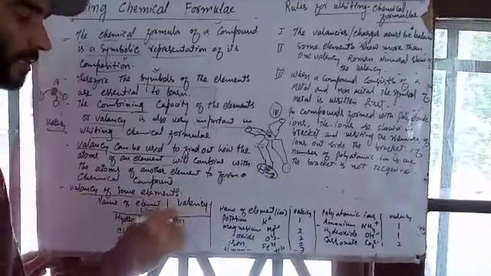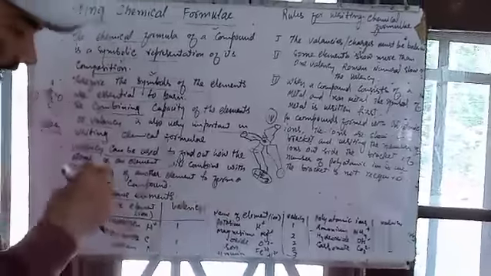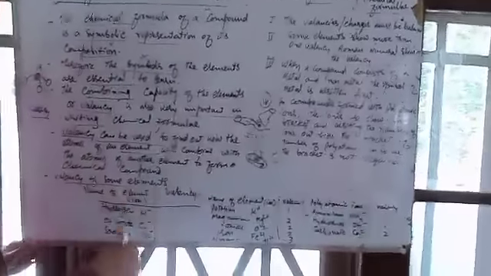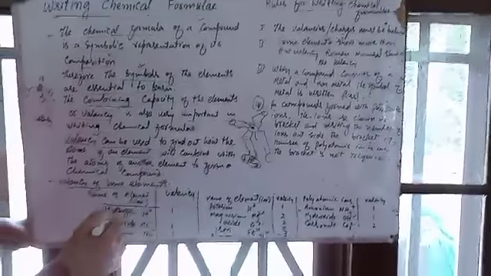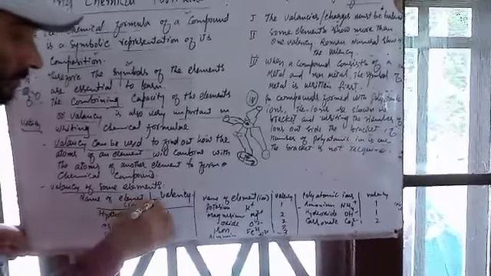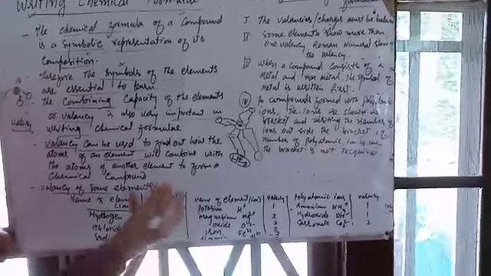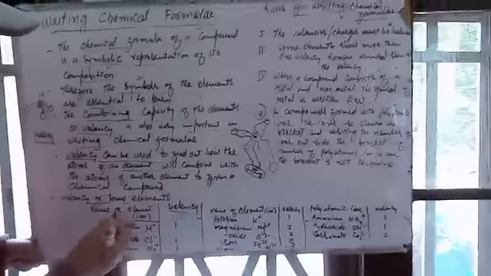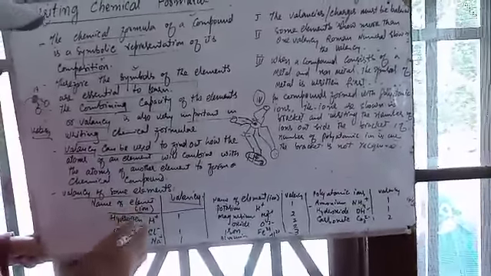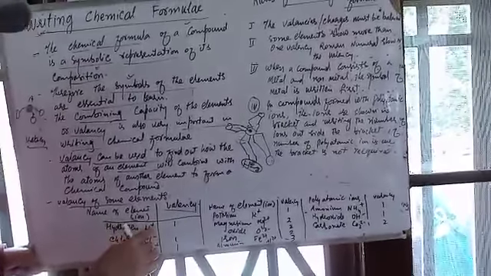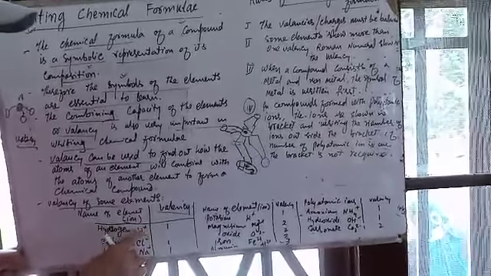Valencies of some elements are given here. I have given examples of some atoms having different valency. These valencies are in the form of small numerals 1, 2, 3, and so on. For example, hydrogen is an ion having a plus sign, hydrogen plus.